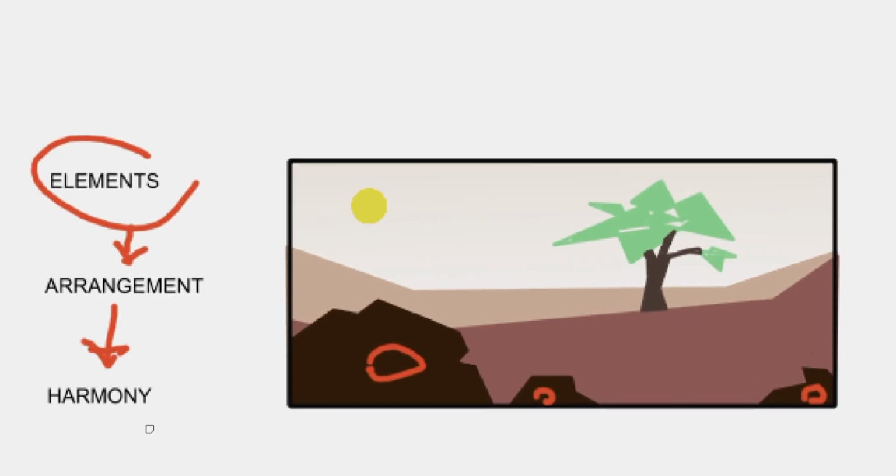Let me show you what would happen if we didn't have good harmony. Let's say I bring in a bit of purple here, right? I make it like a purple cat or something, and this is a terrible cat, but you get the idea. Now all the elements are there.